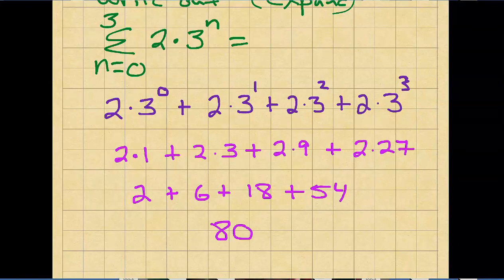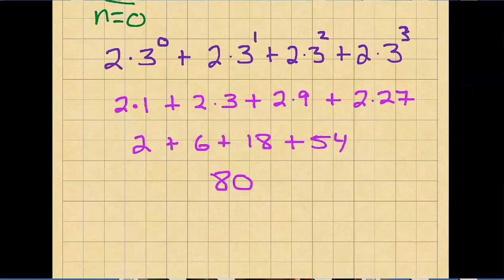Sorry, I was bumbling around on my own keyboard. But you should get 80 for a result. And if you had added all those up, you'd have gotten 80 anyway. But either way, that's where we are.